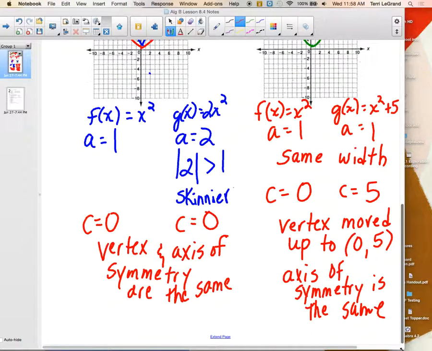This is important that we have this to refer to in our notes to help us. Because you're going to be doing it abstractly, just looking at the equations, like we're going to do on the backside shortly. Any questions? Rose? So is my axis of symmetry always going to be the same even if my vertex moves? If it moves up or it moves down, it's going to stay the same, yes. Okay.